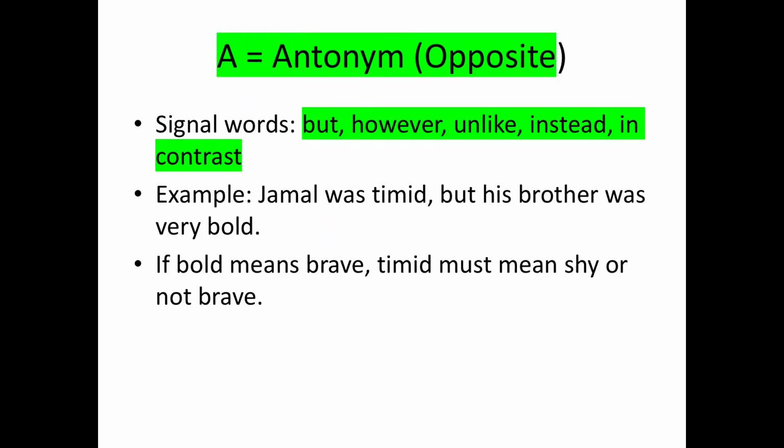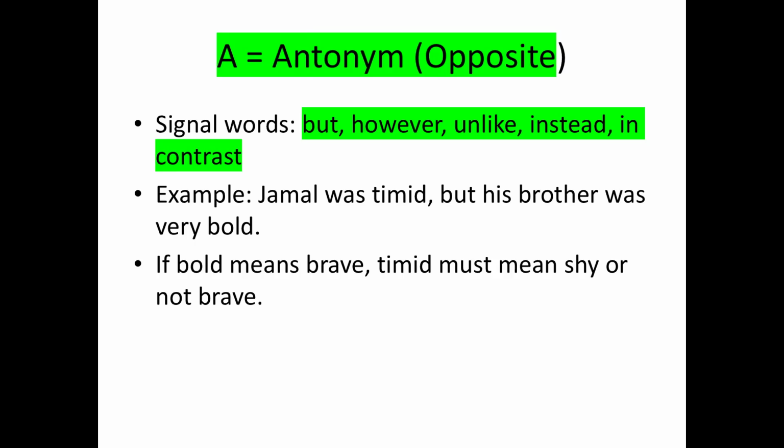So what is an antonym? An antonym is an opposite word. How do we know the opposite words? In the sentences, we need to look for a signal word. Get a piece of notepaper and write them down. What are your signal words?